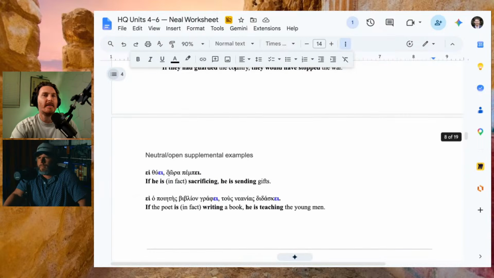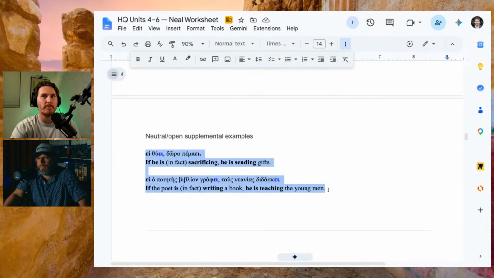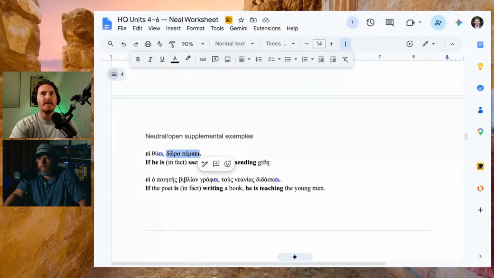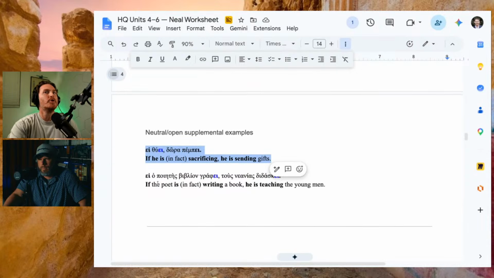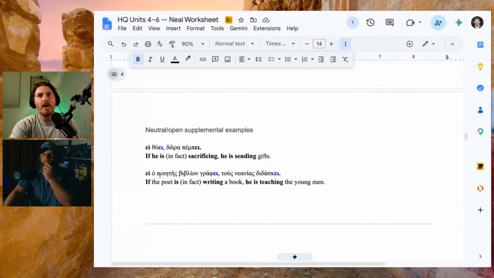And then the last example here is actually really, really simple. It's just ei thuei, if he is in fact sacrificing, dora pempei, then he's sending the gifts, right? If this is happening, then this is happening. There's no conditions. It's just like an open, a neutral example. Ei ho poietes biblion graphei, if the poet is in fact writing a book.